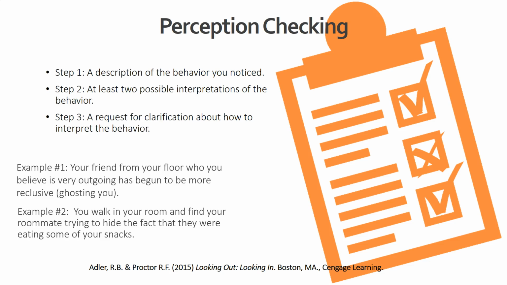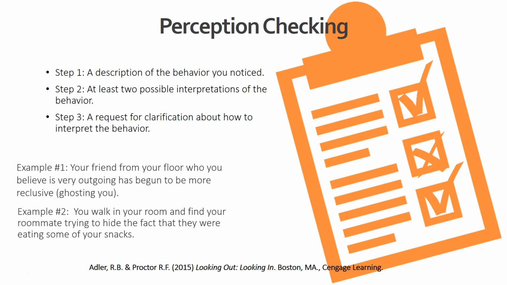You think to yourself, I wonder what's going on with so-and-so. I haven't seen them around lately, or they don't seem as peppy. Step two is two possible interpretations of the behavior. It could be that A, I've done something wrong, or B, something personal is going on and I don't know what that is. And then step three is a request for clearing things up.